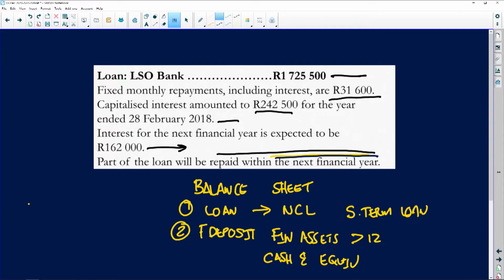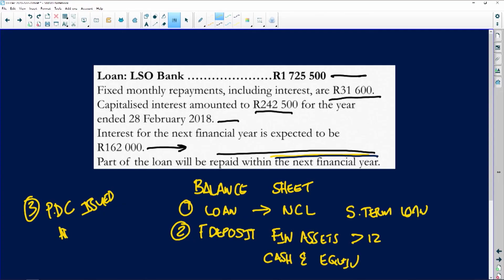And the third item that you need to take cognizance of is your post-dated check that we have issued. Now, obviously, dealing with it in the bank recon is a different component, but dealing with it in the financial statements, if there's a post-dated check that we have issued, and that information is given to you while you are drawing up the financial statements, what do you have to do?